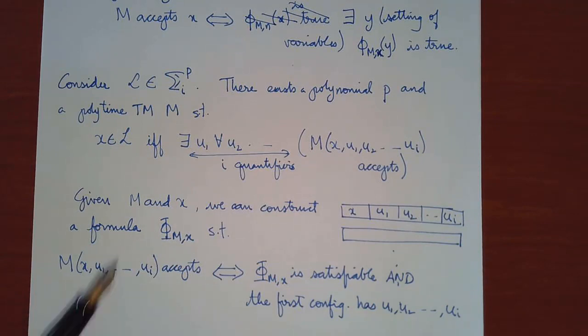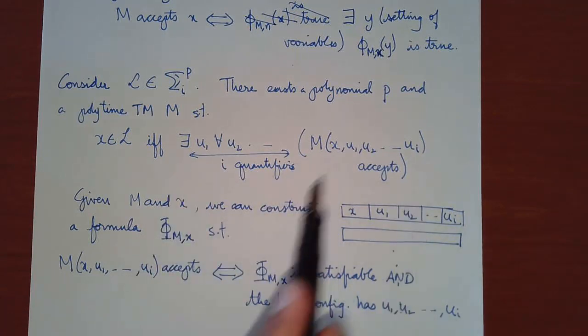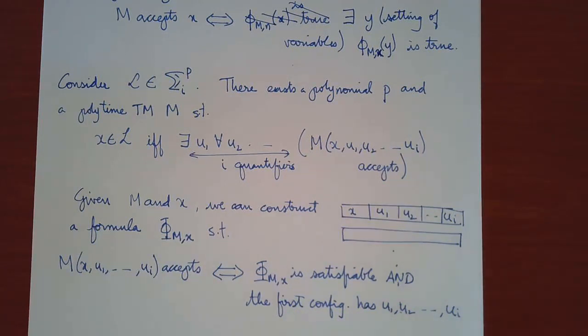So essentially, what I can do is construct a formula. This is a quantifier free formula. This formula is going to have a satisfying assignment, and the first configuration over here should have u1, u2 up to ui.